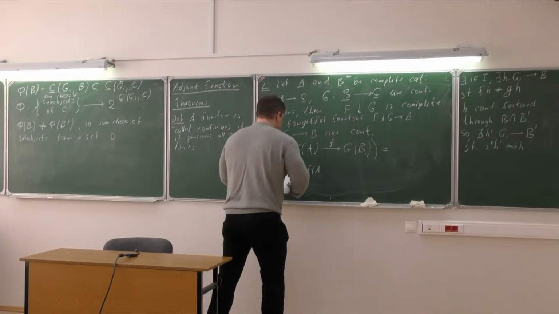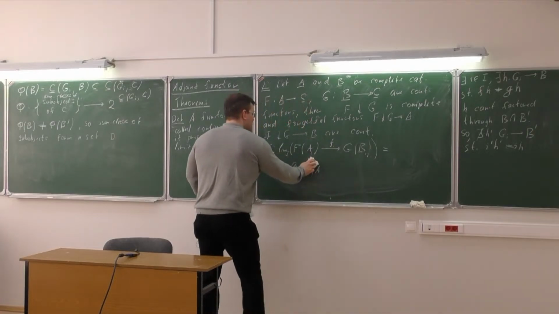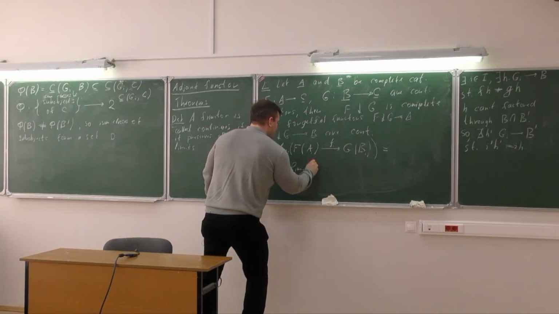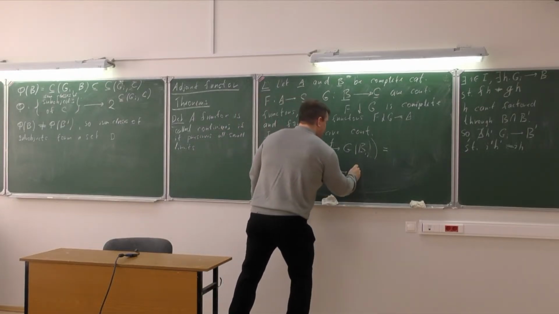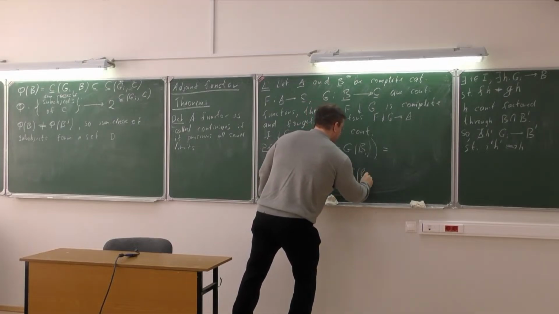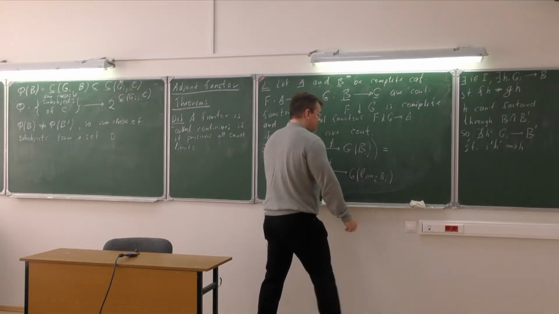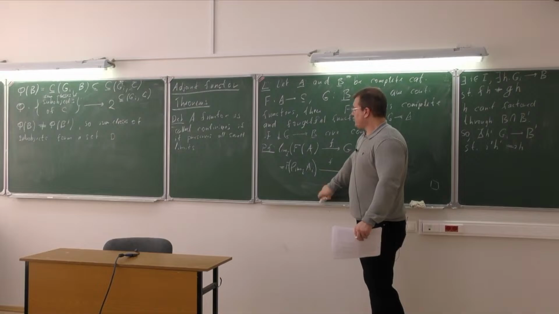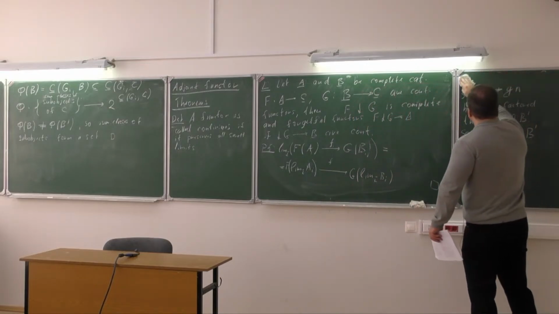Since F is continuous, you can just write this as a limit of A_i, and then you apply F. So here there will be some limiting map, and here there will be G applied to the limit of the objects B_i. It's not a formal proof, but this is what you get if you do the formal computation, which I'm leaving to you.